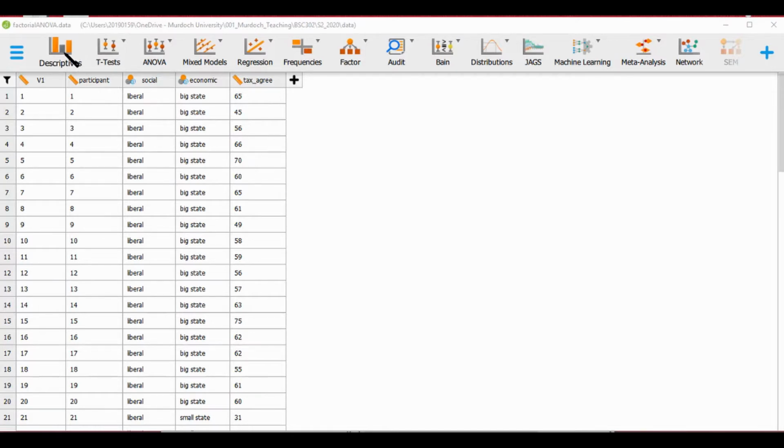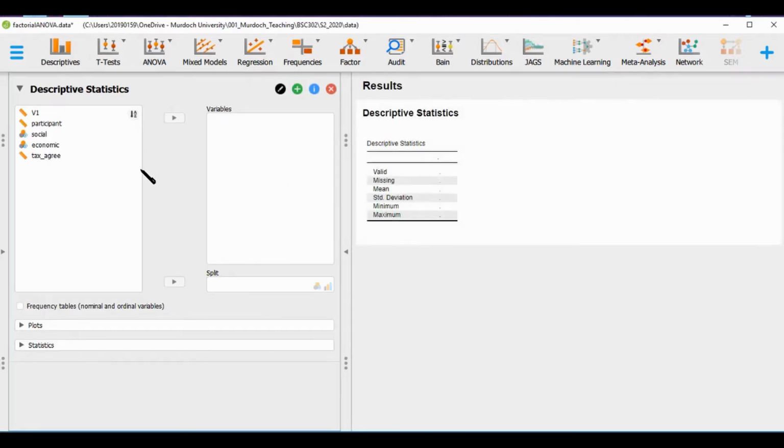Okay, so we do descriptives. We cannot do too much in descriptives because we can only split by one variable. Here we've got two variables to split, so we are going to see the descriptives when we do the ANOVA. But we can have a look at tax agreement, the total mean.